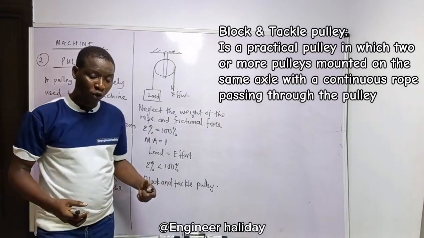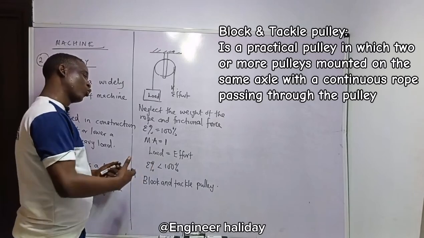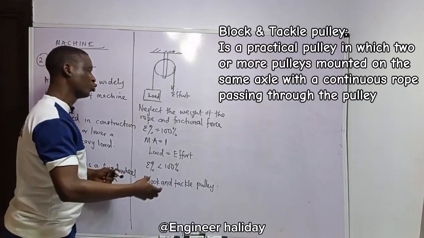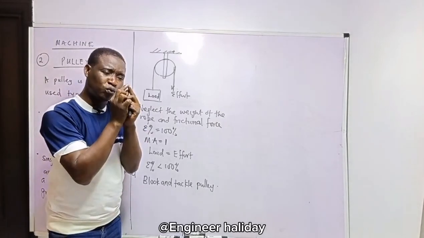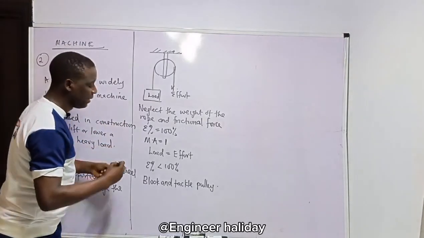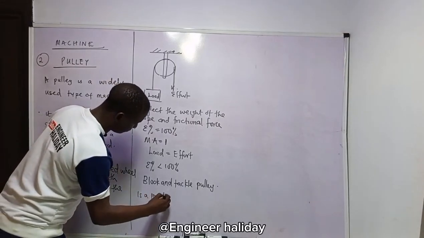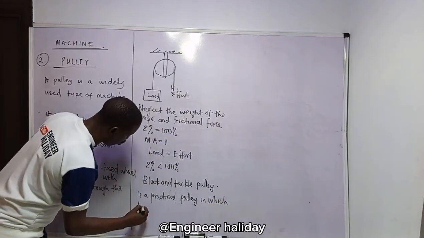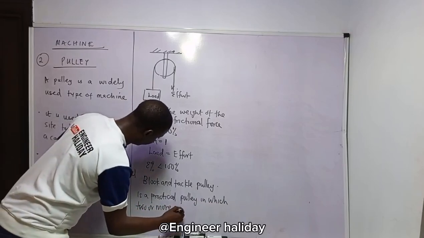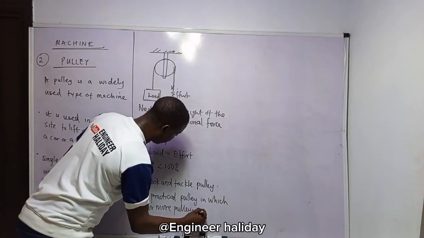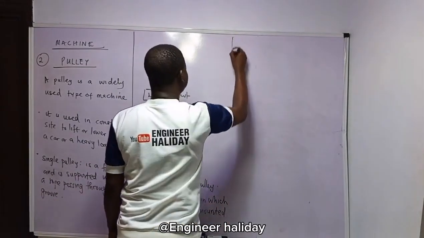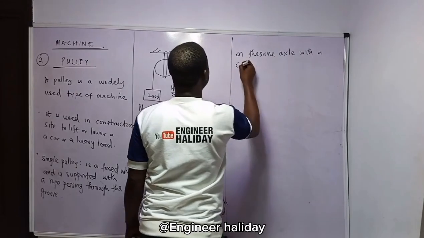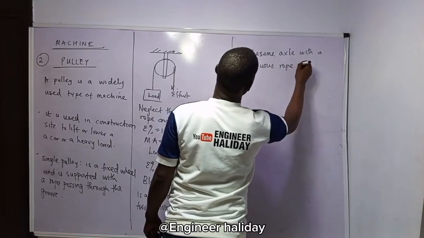This is a practical pulley in which two or more pulleys are mounted on the same axle, with a continuous rope passing through the pulleys.